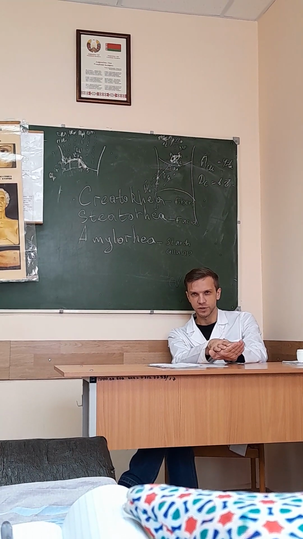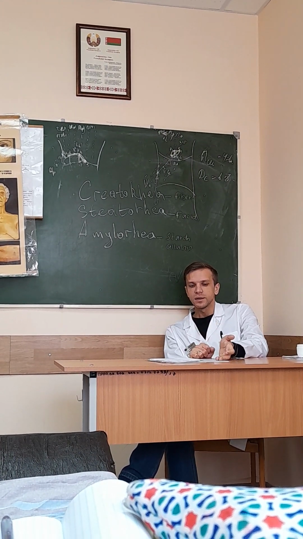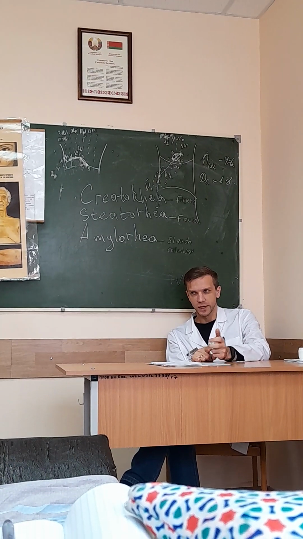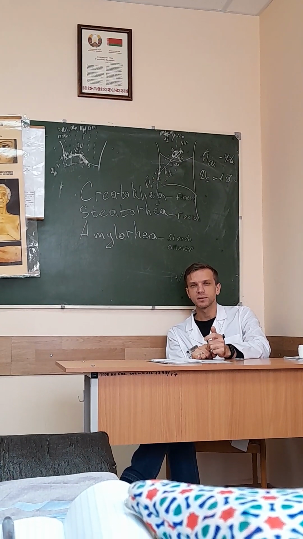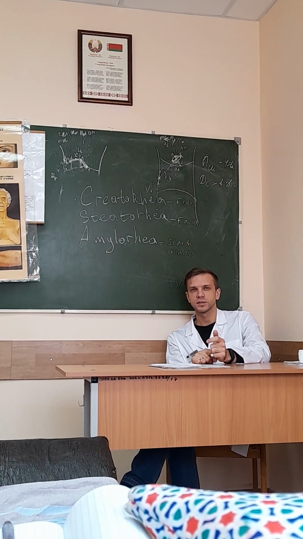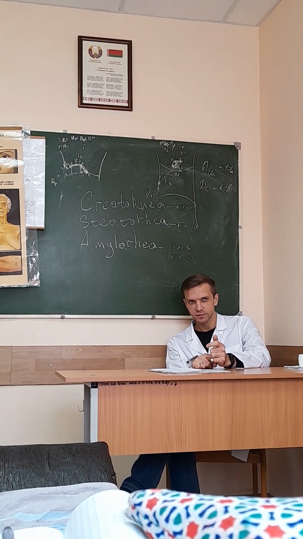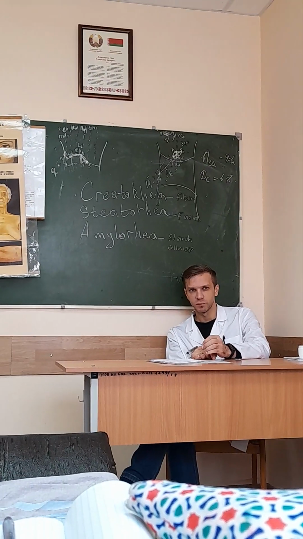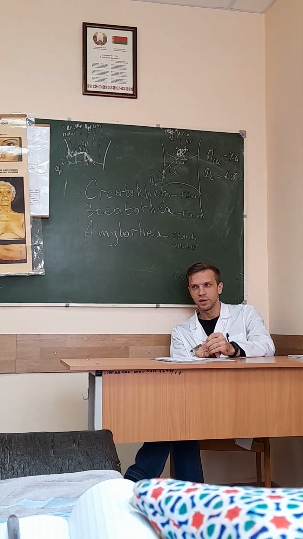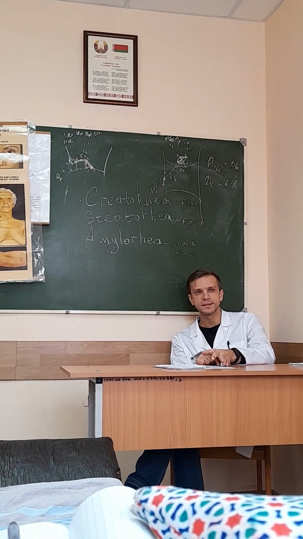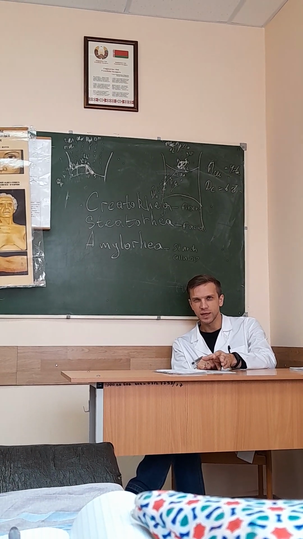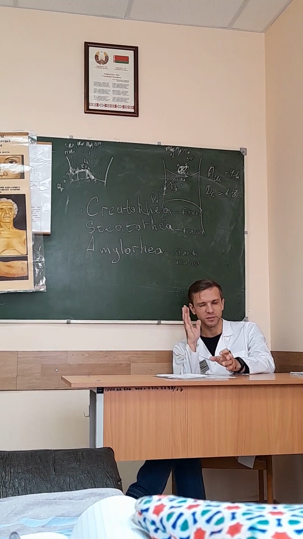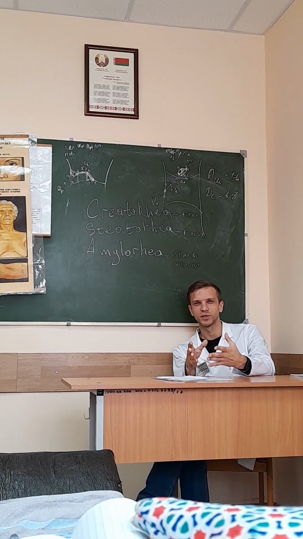In lab tests, we can see mesenchymal inflammation. Rheumatoid factor is possible. We can find circulating immune complexes, and also we need to prescribe specific markers for this disease. There is a marker anti-CCP, anti-citrullinated cyclic peptide. I forgot how to pronounce everything.